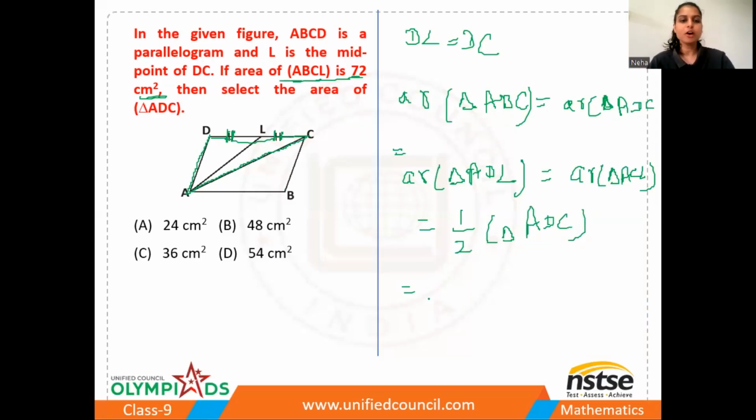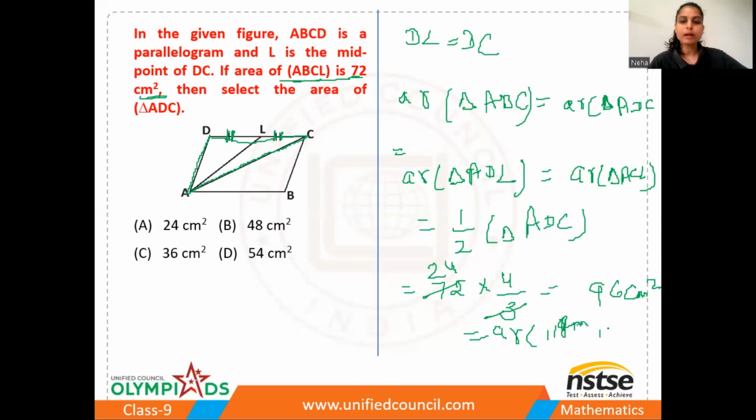So I can say that the area of parallelogram ABCD, so the area of this whole part, would be 72 multiplied by 4 by 3, right? 3 times 24 is 72, and 3 4s are 12, so 24 times 4 is 96 centimeters square, which is equal to the area of the parallelogram. This is the symbol to represent the parallelogram. Okay, parallelogram ABCD. Perfect. Clear till yet?